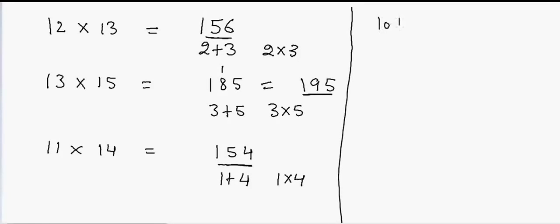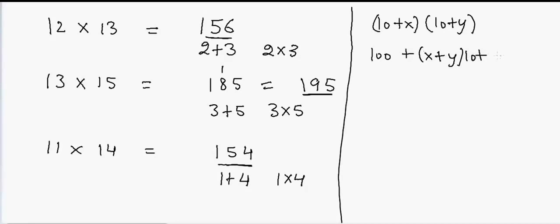So how does this trick work? Let's take a look into it. If we have 10 plus x and then 10 plus y, we are taking 10 as a base, and these numbers are close to 10. If we solve this, it will be equal to 100 plus 10x plus 10y plus xy. So it is 10 times x plus y, plus xy.